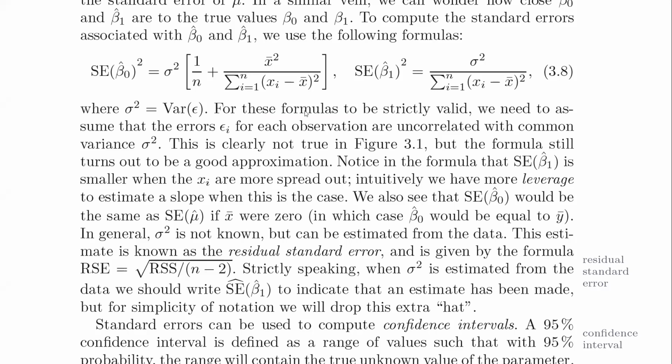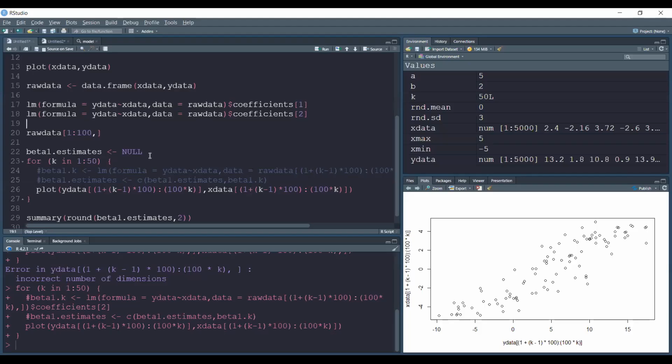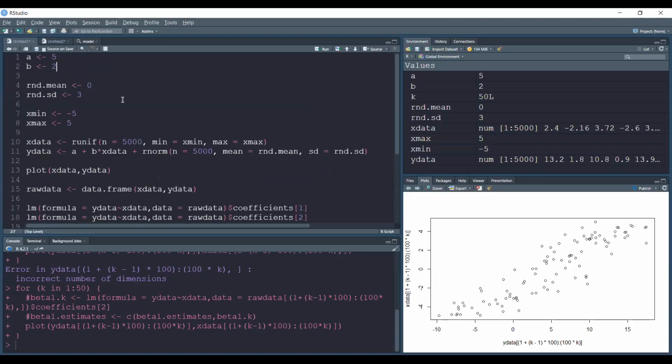Now, if we go back to the code that we had in our previous session, this is where we started with a predetermined relationship. These are the examples where we say we're omnipotent. We know the true relationship between the predictor variable and what we're trying to predict.